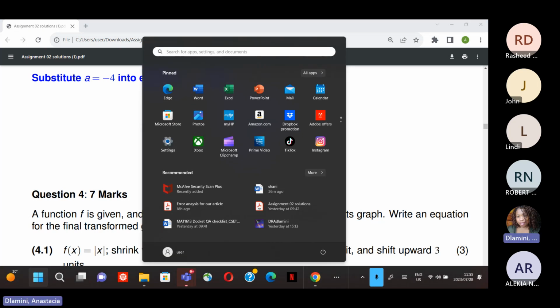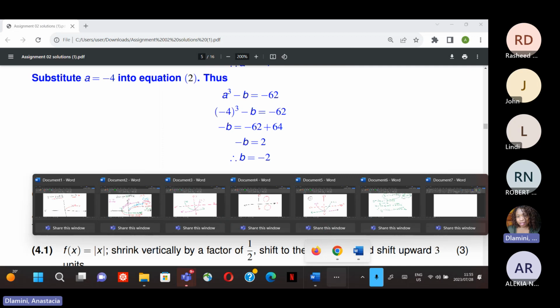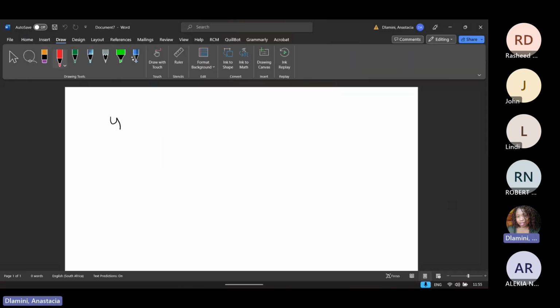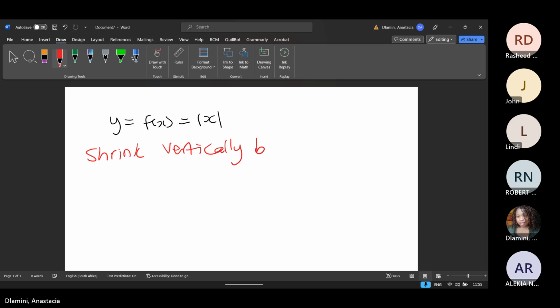It means that if we're going to shrink vertically by a factor of 2, we have y equals f of x. Now they say shrink vertically by a factor of 2. Go back to your notes if you don't understand. Remember what we said. If you are stretching or shrinking the graph vertically, you have to multiply by a constant.